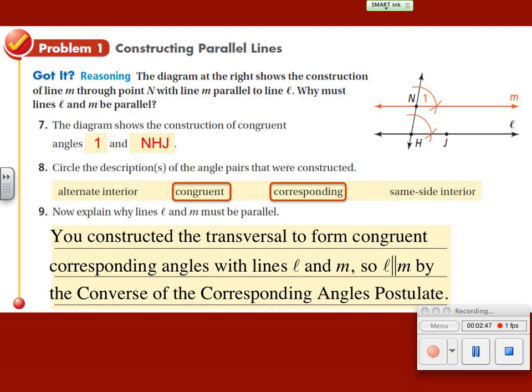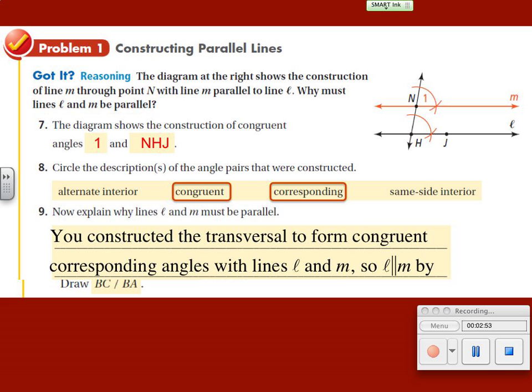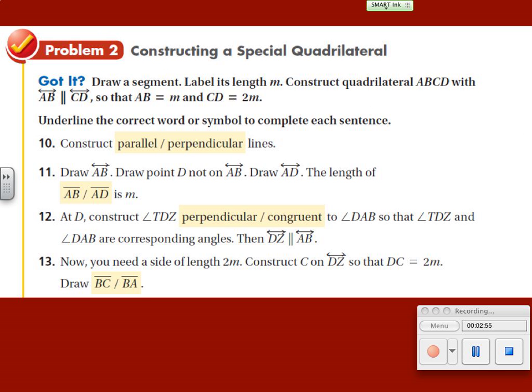Continuing on, we're going to do a construction of a special quadrilateral. We want to draw a segment, label its length M, and construct quadrilateral ABCD with AB parallel to CD so that AB equals M and the distance from CD equals 2M. So this is a special quadrilateral we're going to construct.